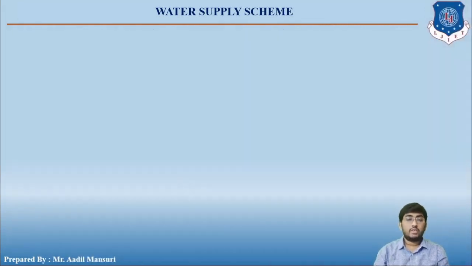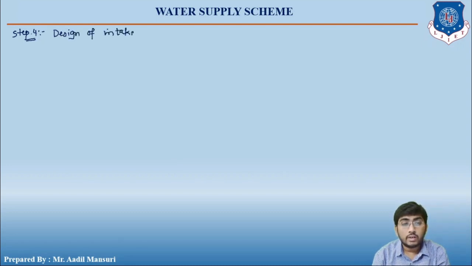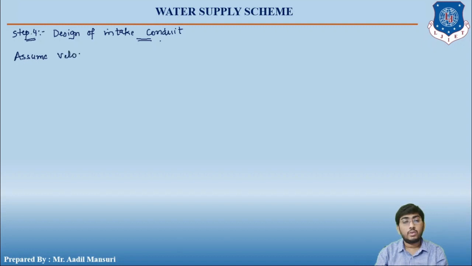Okay students, so let us now move towards the next step, that is step 4. Step 4 includes design of intake conduit. Here we need to assume velocity through the conduit. So assume velocity of flow equal to 1.5 meter per second.